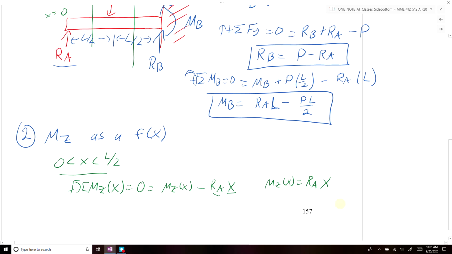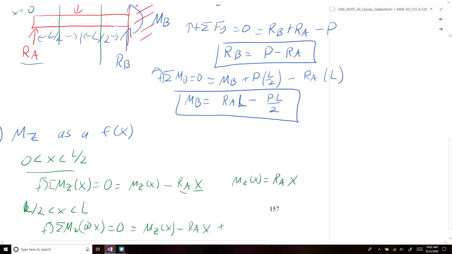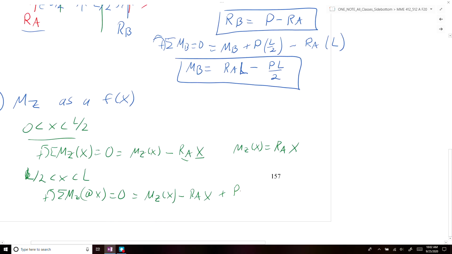Then for x from L over 2 to L, if we do the same thing and sum all of our moments at x equal to 0, we get Mz of x minus RA x plus P times x minus L over 2.